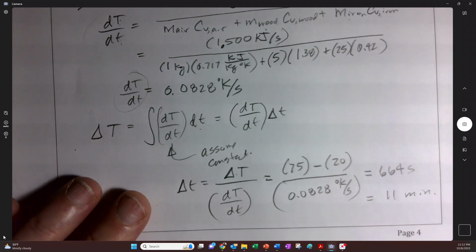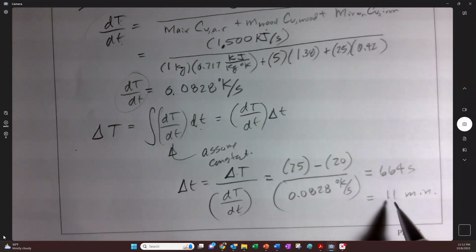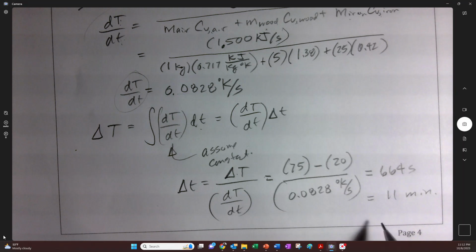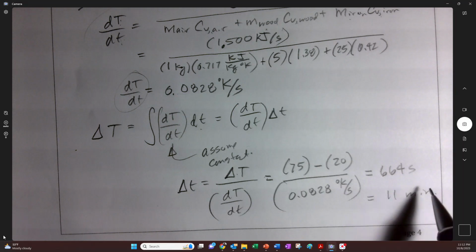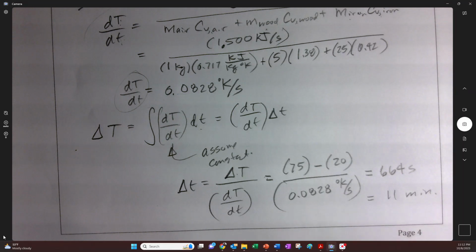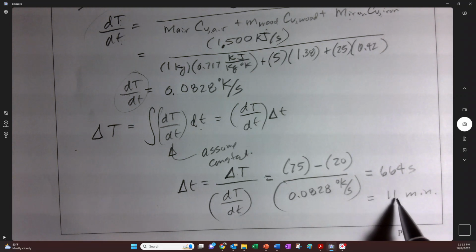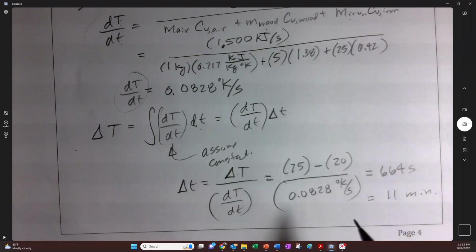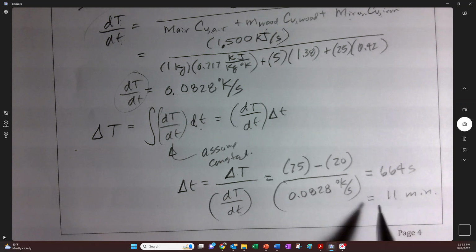They probably rounded off. But this is a good case where you don't want to use a lot of sig figs, because somebody might take a stopwatch out and measure, and you go, oh, you said 11.1 minutes, and it's 11.2 minutes. You're like, well, I'm just impressed that it's in the ballpark of the prediction of the temperature.